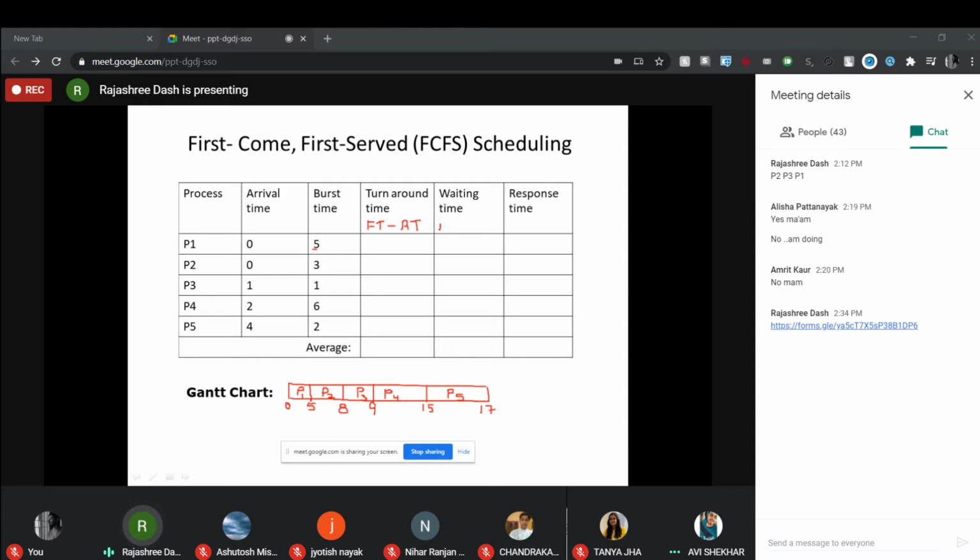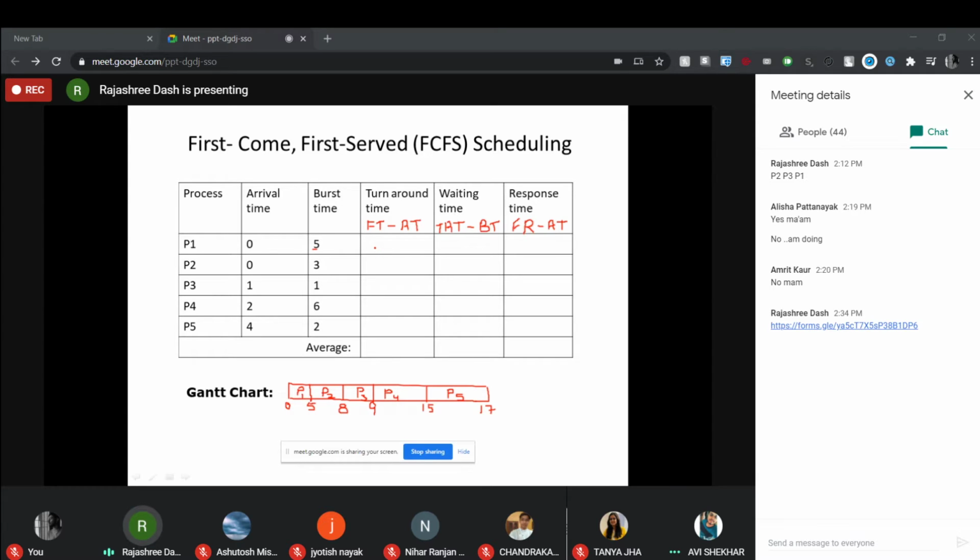For waiting time, use the formula turnaround time minus the CPU burst time. Similarly, for response time, use the formula first response minus arrival time. So quickly find out the turnaround time for each process.